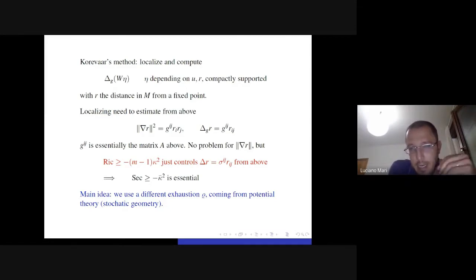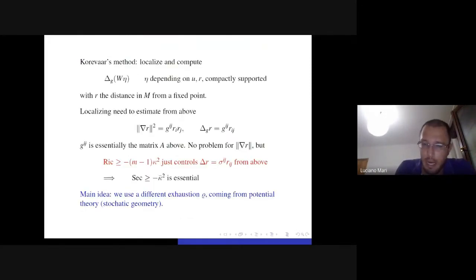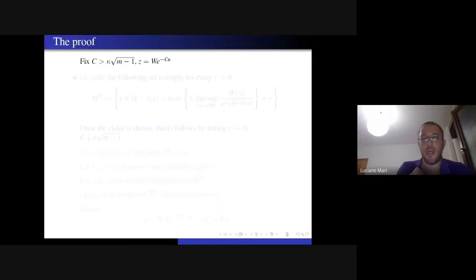We use some aspects of stochastic geometry that are related to maximum principles at infinity, but with some new aspect. I want to focus now on the details of the proof, to show which kind of equation ρ shall satisfy.